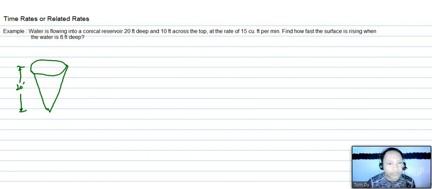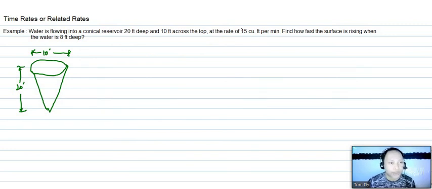And then 10 feet across the top. So this is now 10 feet across the top, and 20 feet deep, at the rate of 15 cubic feet per minute.